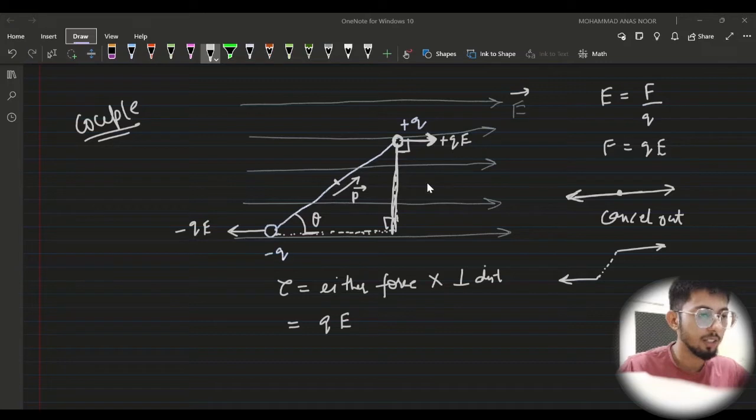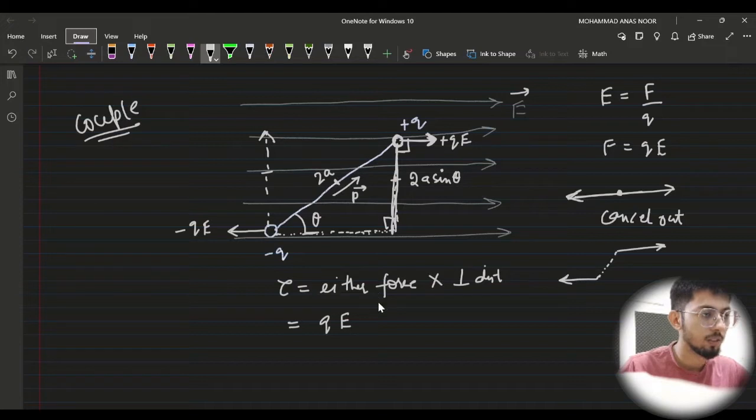Now you know this is 2a, the total length of the dipole. This would be 2a cos theta along the field, and the perpendicular one is 2a sine theta. So this would be equal to this in magnitude. So this is 2a sine theta. Getting it?